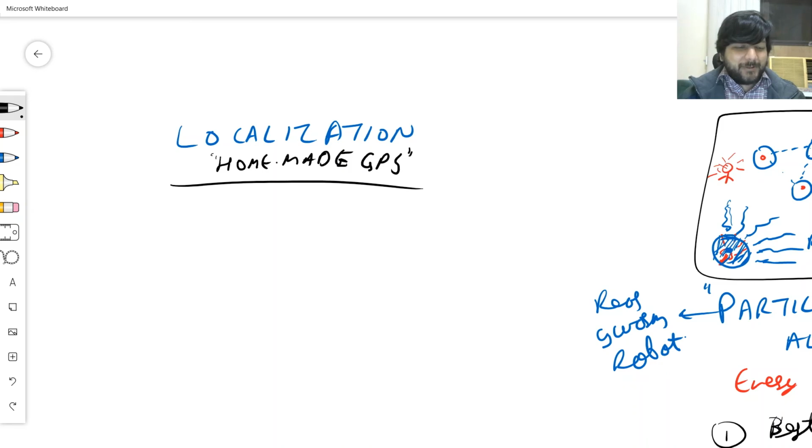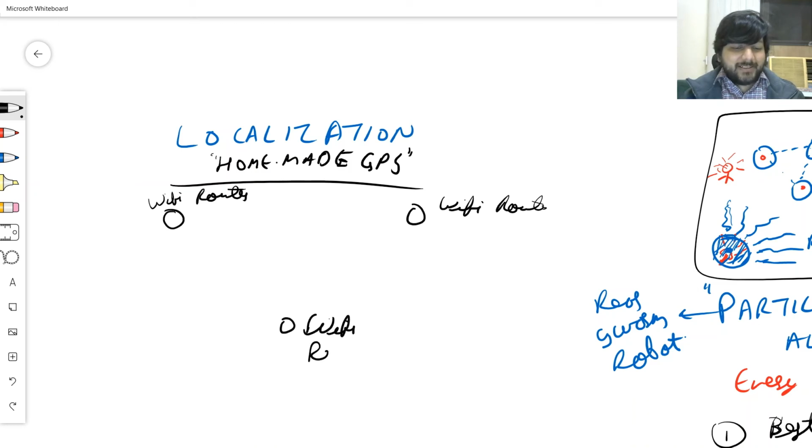So that's how it goes. Have a Wi-Fi router here. Have another Wi-Fi router here. And say have another Wi-Fi router here. And there's a robot over here. It wants to approximately know its location. And what does it do?